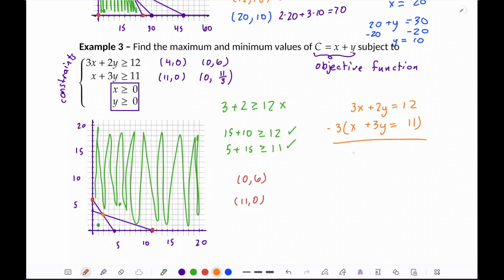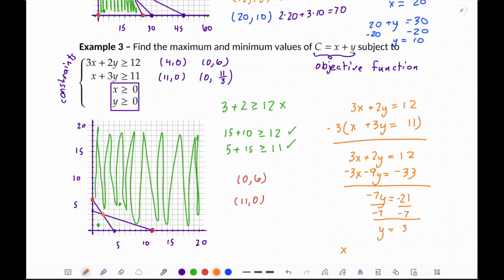So then we get, the top doesn't change. Negative 3x minus 9y is equal to negative 33. Which is negative 7y equals negative 21. Divide by negative 7, divide by negative 7, y equals 3.